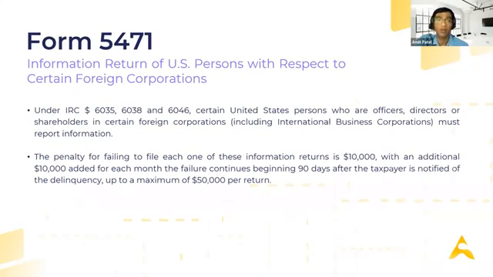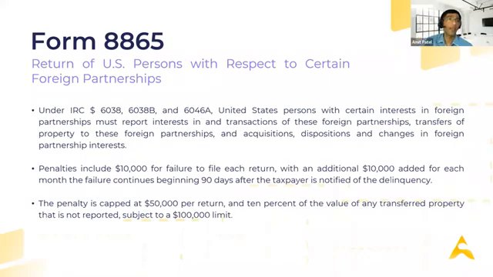But if you miss out filing Form 5471, the penalty is $10,000, and again it can add many more and can go up to a maximum of $50,000. Next form is Form 8865, where you have made an investment or acquired an ownership interest in a foreign partnership.